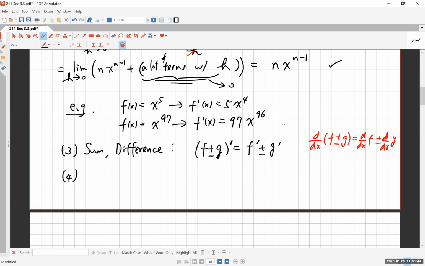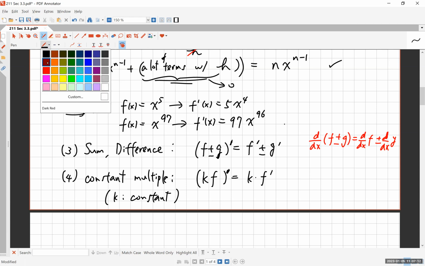Okay, number 4, the constant multiple. This is also easy. If you have k, a constant, like 5 or negative 17, and you take the derivative of k times f, you just get k times the derivative of f. So you can move that constant out to the front.